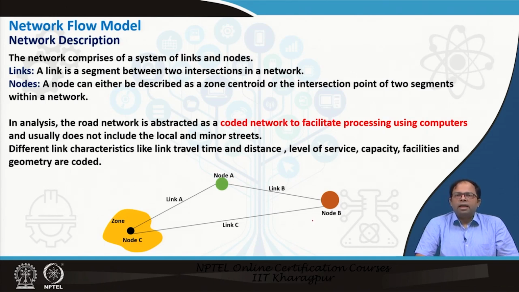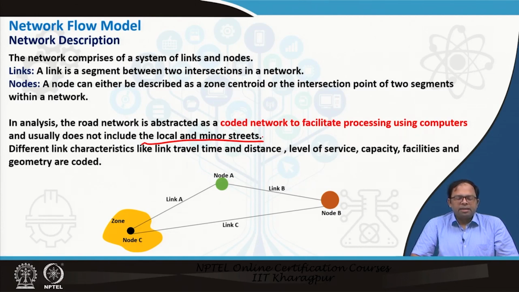Each of these links and nodes is given certain attributes, certain values, and this forms the matrix for those nodes, which we can process using computers, because manually it is very difficult to process a large network. We use matrix calculations, which can be processed in computers faster, and that is why we also do not include local and minor streets, to reduce the overall complexity of the network.